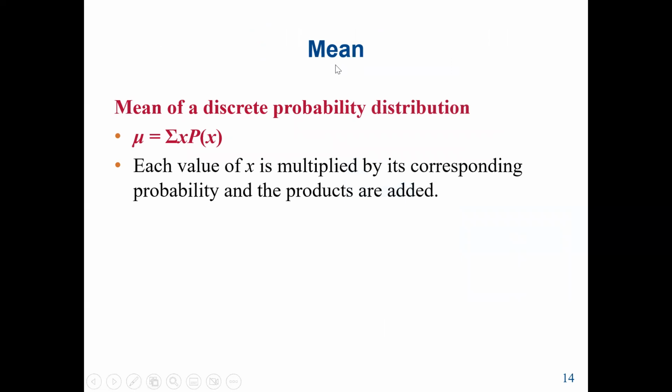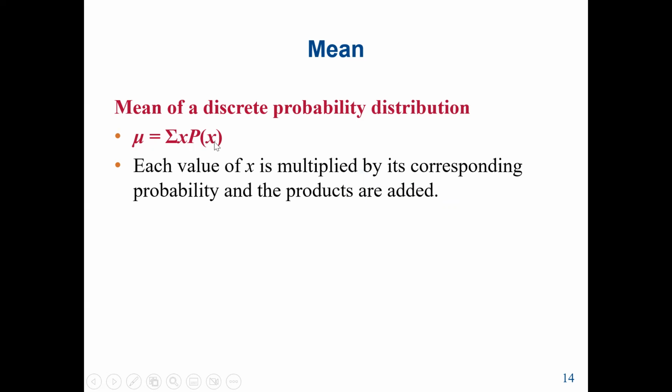Now, let's go to the mean. How do we find the mean of a discrete probability distribution? We know that to find the mean of univariate data, for example the mean of a final exam score, we add all the scores and divide by the number of scores we have. Here, for a discrete probability distribution, the mean is the sum of all the x values, which is the random variable, times the probability of that random variable.